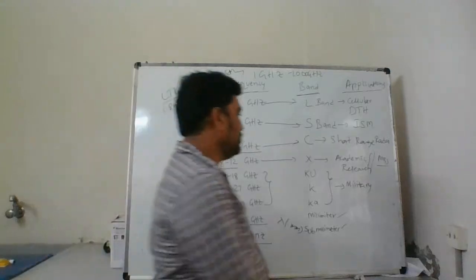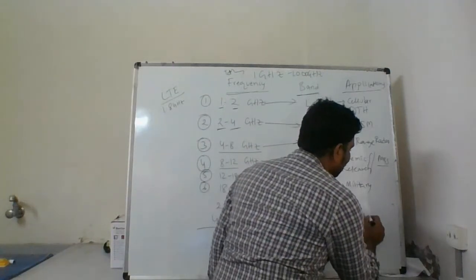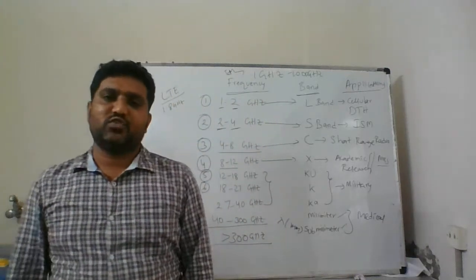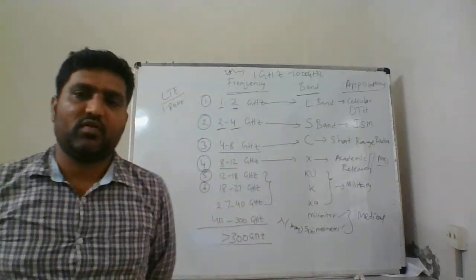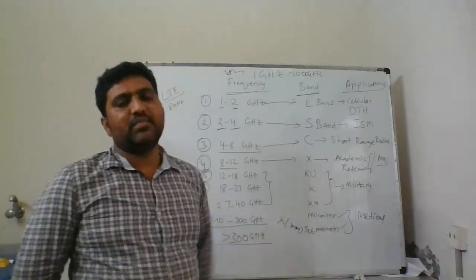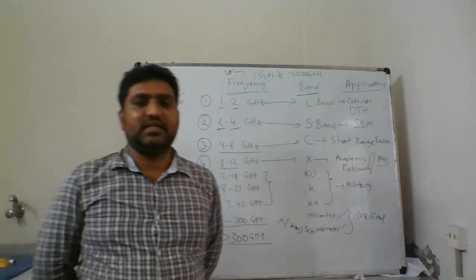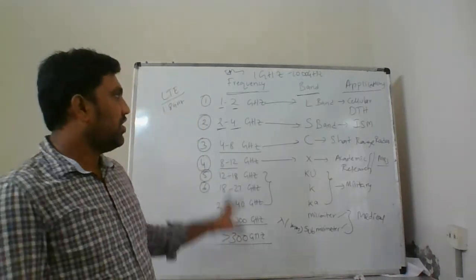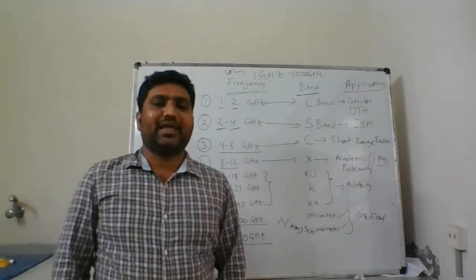But they are used especially in medical applications such as treatment of cancer, detection of fractures, etc. So in those places we can utilize these millimeter and sub-millimeter bands. This is the brief overview of the microwave bands.